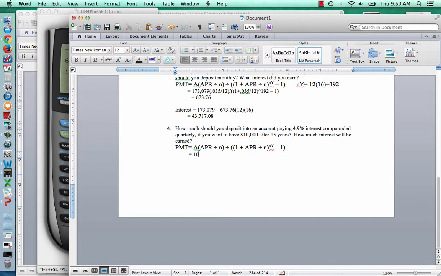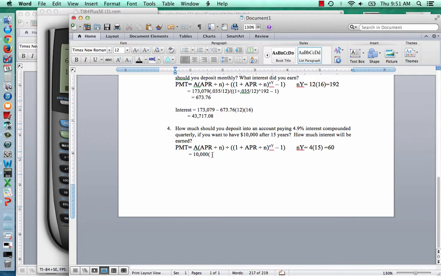So the amount is $10,000. The APR is, oh, I forgot to do N times Y. I got to do that. N times Y. All right, now this time it's compounded quarterly, so N is 4. And we're doing it for 15 years, so 4 times 15 equals 60.